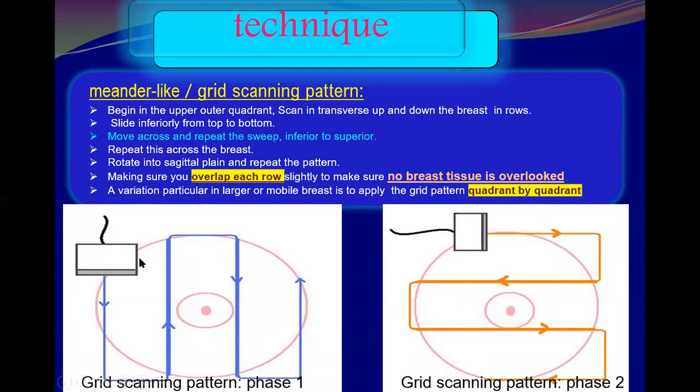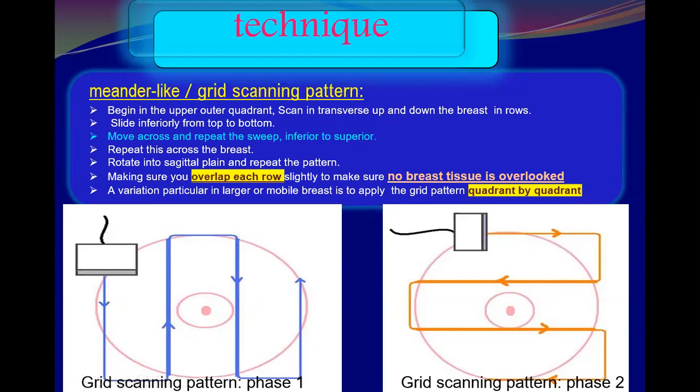You can put the transducer here in transverse, going down and repeat it across, up, down, up for the whole breast. But if the breast is big, do it quadrant by quadrant. The same: go down and up in the quadrant, complete the quadrant, and then go to the other quadrant.